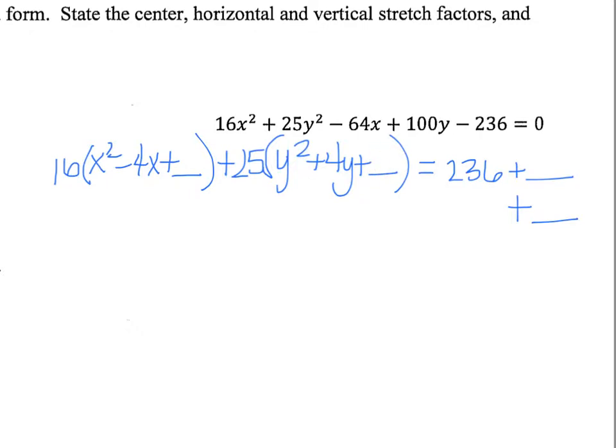Make a perfect square trinomial, take that number, multiply it by 25 as well for here, balancing the equation. So those numbers, 4 makes a perfect square trinomial on the x's, 4 makes a perfect square trinomial on the y's. But 4 times 16 balances the equation, that's 64, and 4 times 25 balances the equation, that's 100.